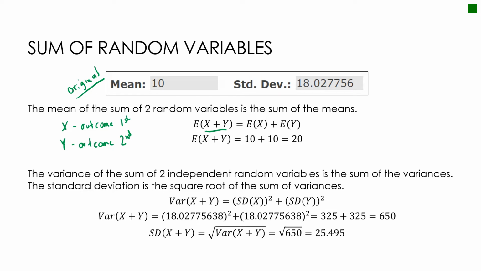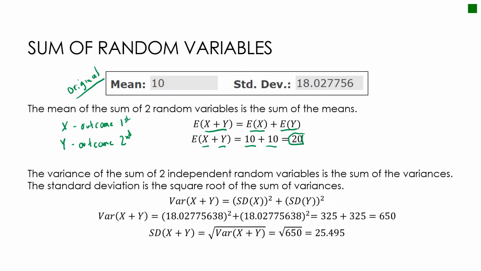And all that means is I'm going to take the expected value of each game and add them together. So if I expect when I play the first time for my point value to be 10, and I expect the second time I play for my point value to be 10, then I'm expecting a total of 20 in my two games.